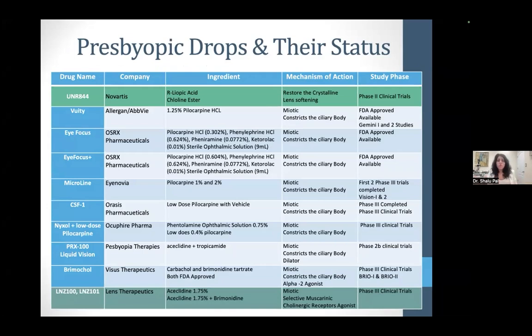The first row, we're talking about a medication that's designed to work on the crystalline lens. Your next big category all the way to the bottom are all the miotics that are working on the iris sphincter. The ones in the middle that are all light blue, all of those are non-selective. And I'm going to explain what that means. And then the last one is a selective miotic. And we're going to talk about what that all means.